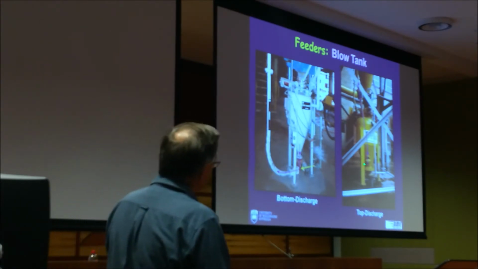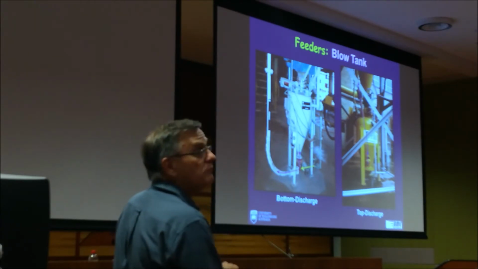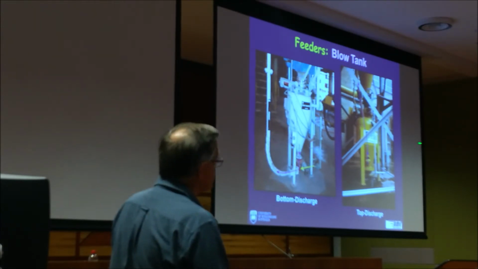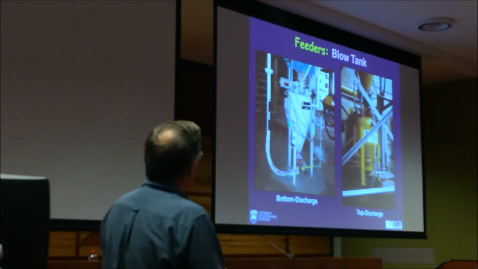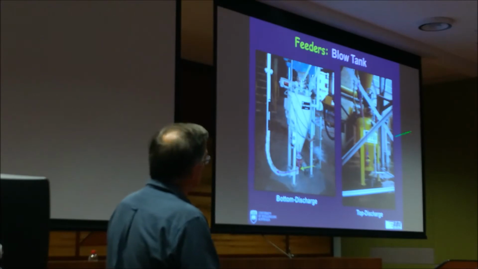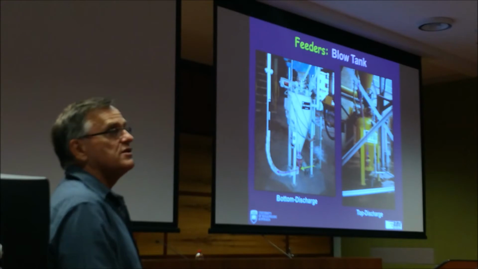So the pipeline starts here, and then the powder discharges out through the top. Some people also go on from the side, we call it a side discharge, less frequent. Bottom discharge is most common, these ones are less common, and the side discharge even less common again.